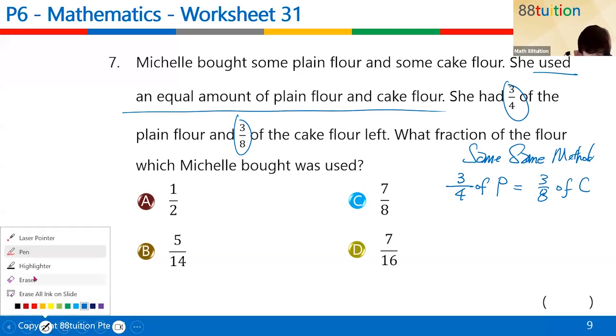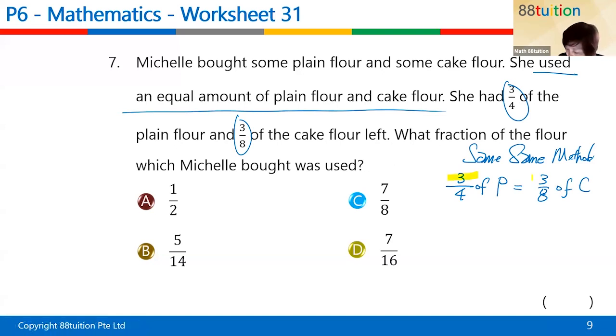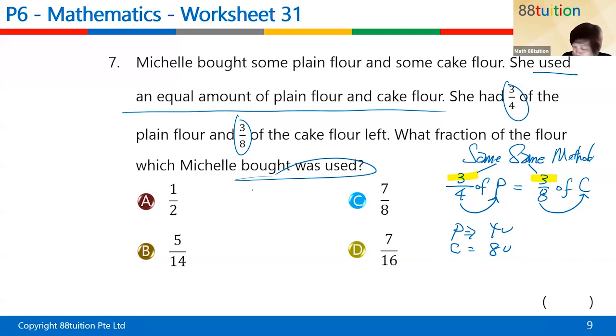What I mean by same method is that the numerator and numerator must be the same. Since they are the same, P must be 4 units, C must be 8 units. So P is 4U, C is 8U. What fraction of the flour he bought was used up?